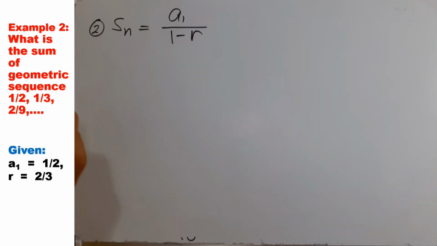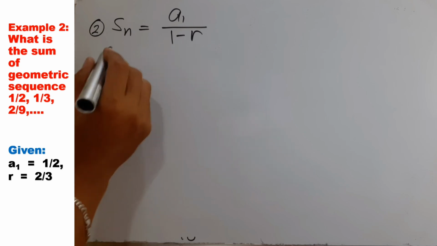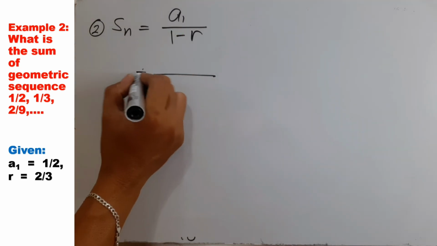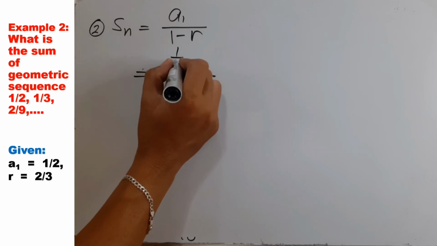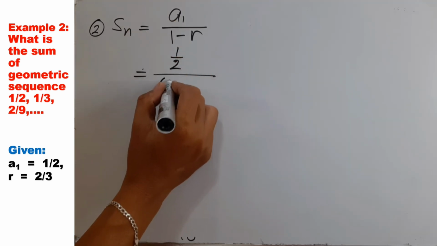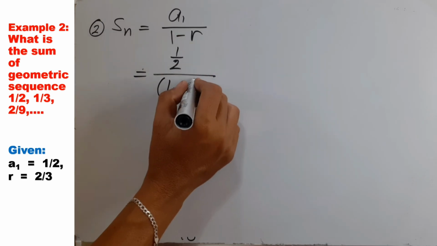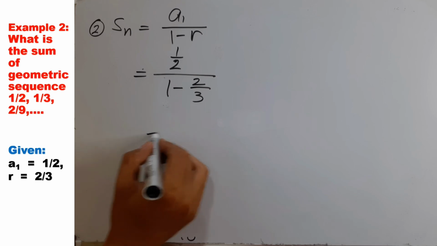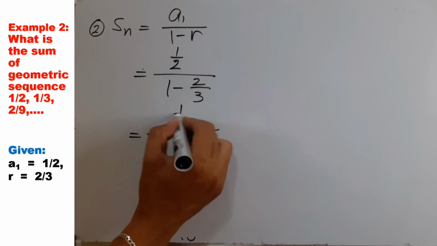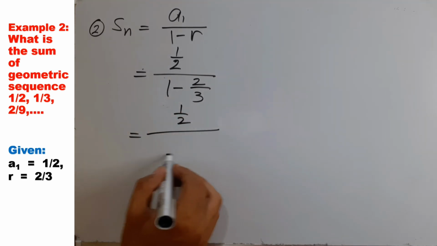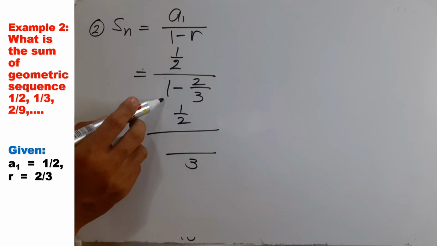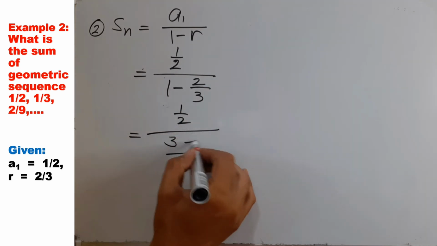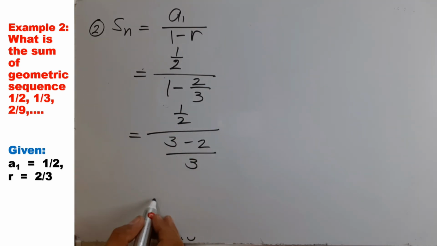To solve for the sum of the second infinite sequence, we will use the same formula. By substitution, a sub 1 is equal to 1/2 over 1 minus our r, which is 2/3, equals 1/2. Our LCD is 3. 3 divided by 1 is 3 times 1 is 3. 3 divided by 3 is 1 times 2 is 2, minus 2.